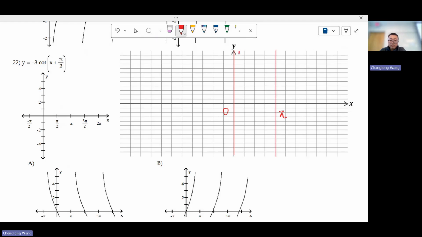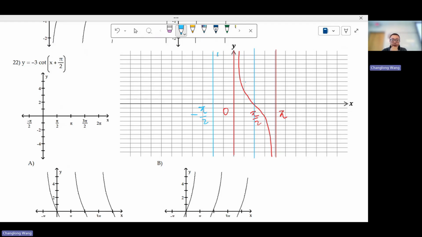That's actually intersecting pi over 2. Okay. So now I need to shift it to the left by pi over 2, and that's how much the pi over 2 is. So we push those two VAs back by that small amount. So the 0 will go to negative pi over 2, and the VA at pi will be pushed back to pi over 2.